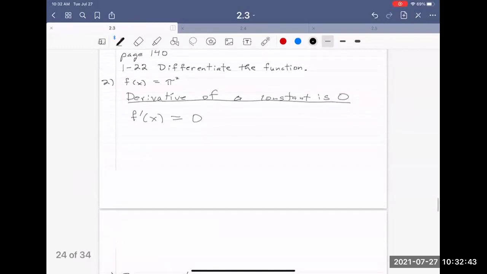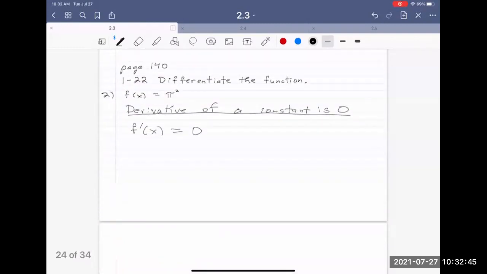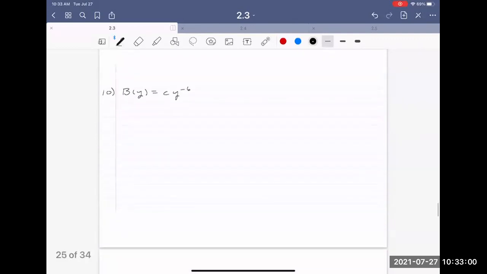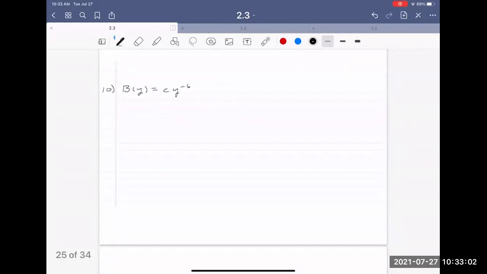So all of these rules are nice and fine, but be careful. I did this on purpose to show it, because a lot of times people do that accidentally. So let's take the derivative of this. I'm going to use the constant multiple rule.